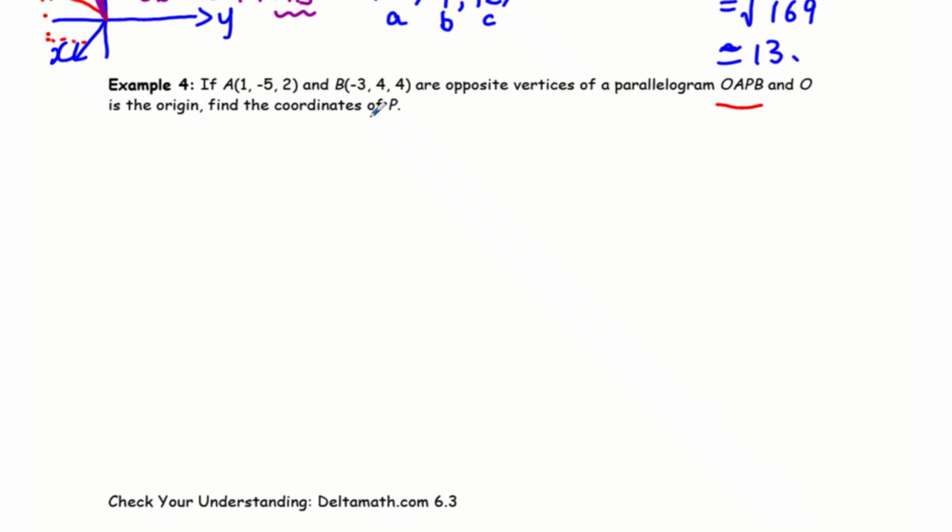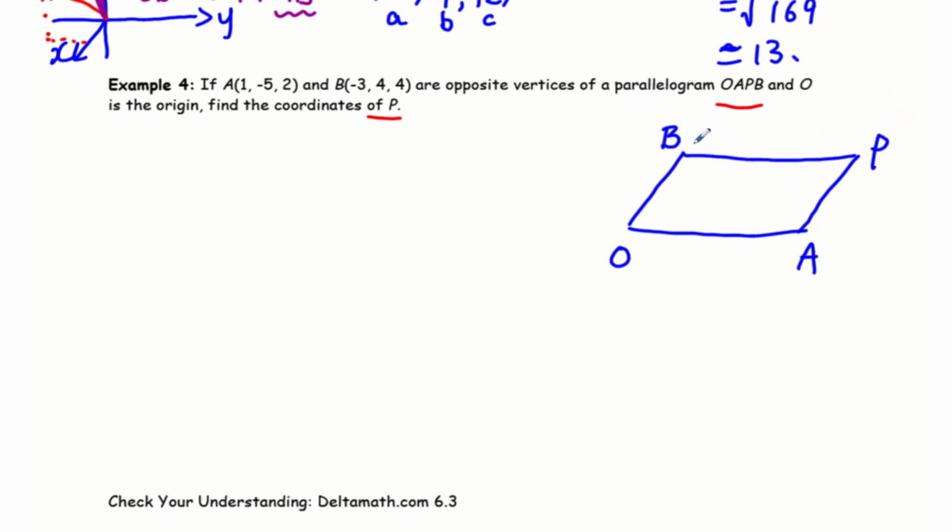It asks you to find the coordinates of P. So this is like an application. We could randomly sketch a parallelogram. So we follow the order OAPB. Okay, we have OA, we have OB, we want to find the point P.